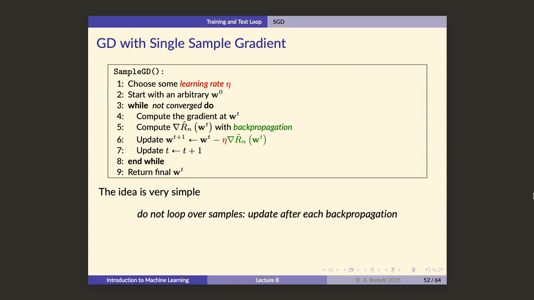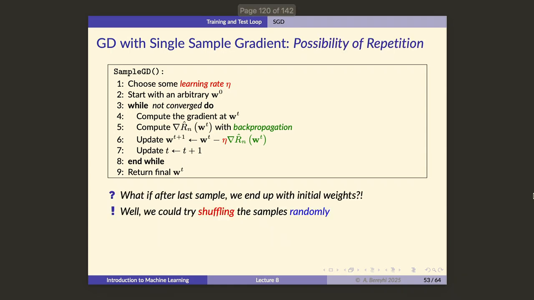So when I am finished with my whole data set, I have already done 1,000 updates, right? Now, this is going to be faster. I don't need to wait for 1.2 million samples to do one update. I have already done 1.2 million updates by then, right? Correct? So this is the idea of sample level gradient descent.